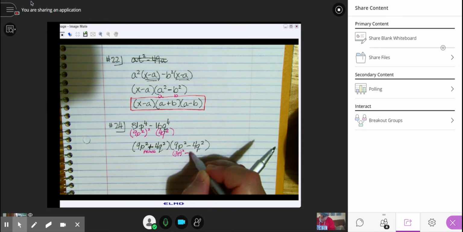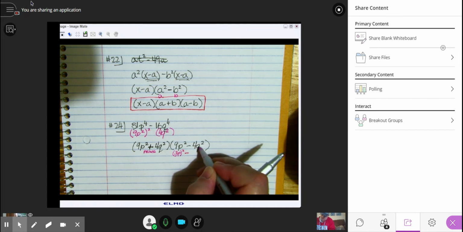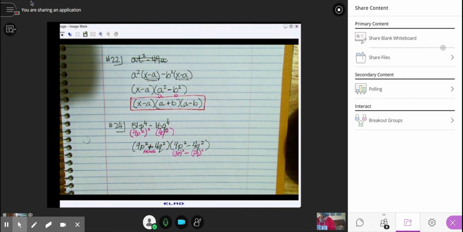So I can work with the difference, 3p squared minus 2q squared.